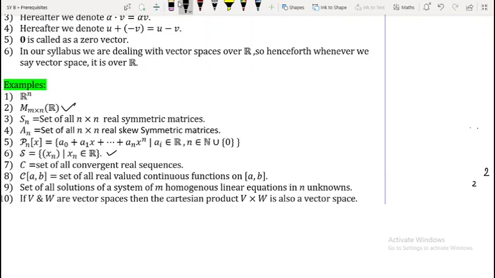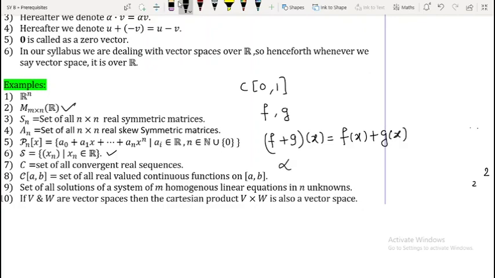So this is also a vector space over R. If I take in particular the set of all continuous functions on the closed interval 0 to 1, and I take two functions, f and g, then our addition f plus g of x is defined as f of x plus g of x, and our scalar multiplication alpha multiplied by f of x is defined as alpha times f of x.